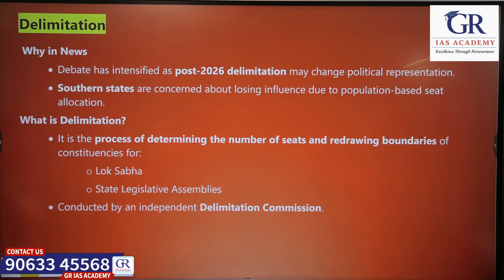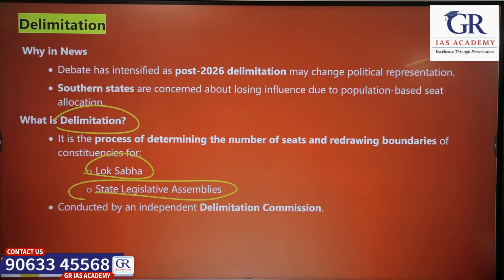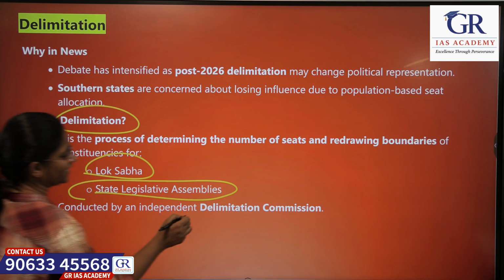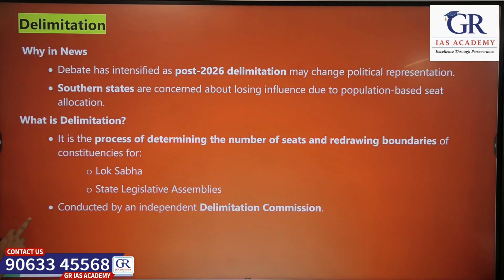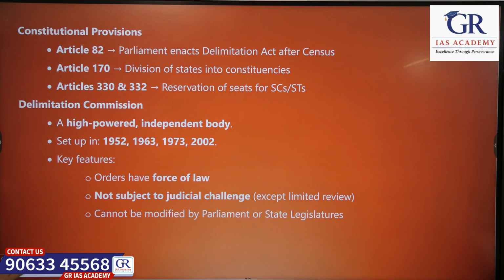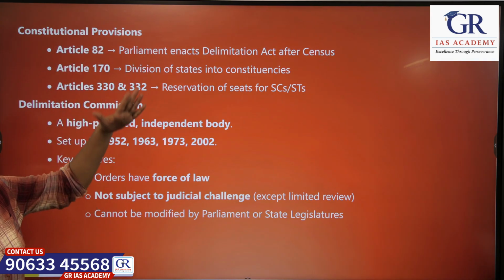This delimitation will be done for determining constituencies, right? For which? For Lok Sabha and assemblies. Who conducts this? The Delimitation Commission does this exercise. There are certain provisions in our Constitution regarding this.